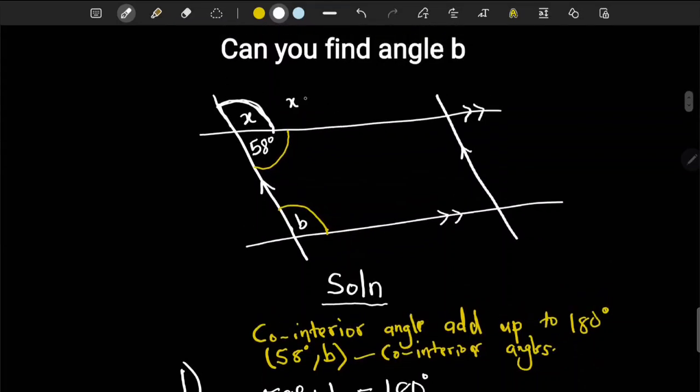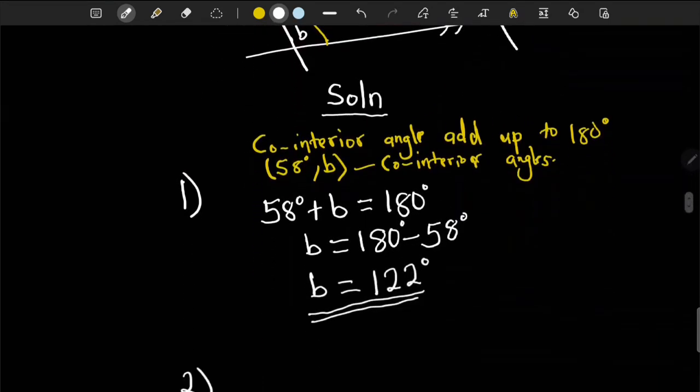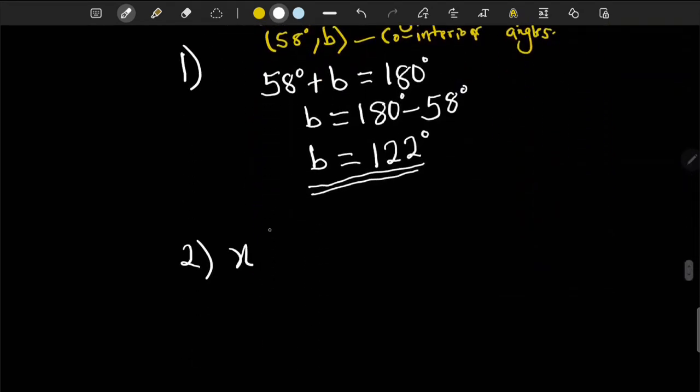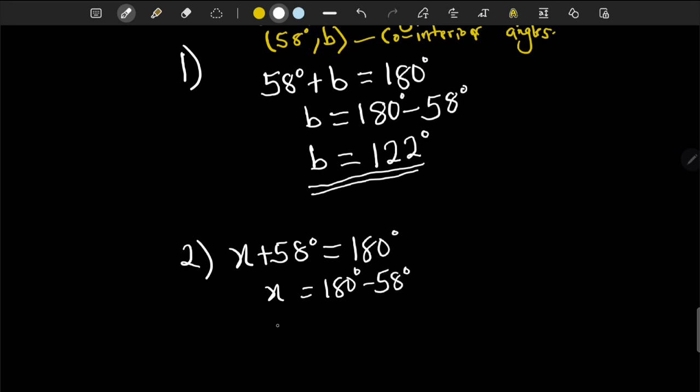X plus 58 degrees should be equal to 180 degrees. So our X will be equal to 180 degrees minus 58 degrees. This will give us 122 degrees. So that's our answer.